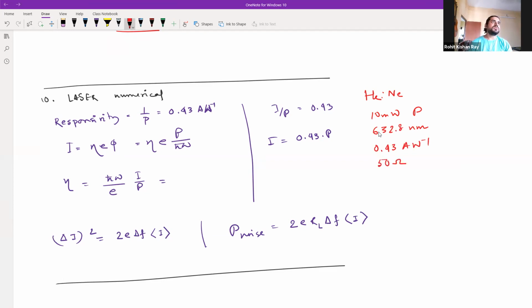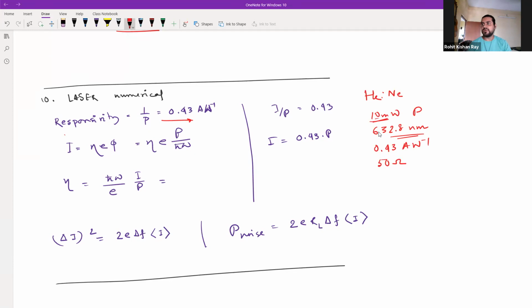So we can use this property of responsivity. And this is the expression for intensity, where eta is the efficiency. You can put in the values for h-bar and omega from here. I is given here. Then if you put all these values, you can get eta.